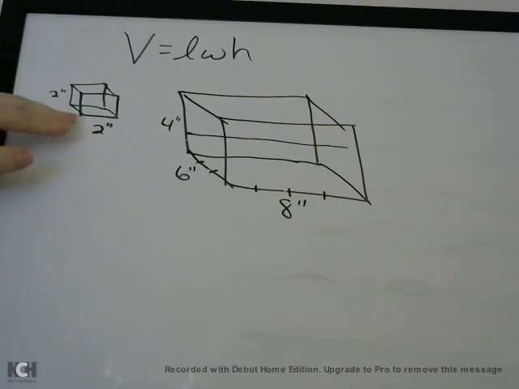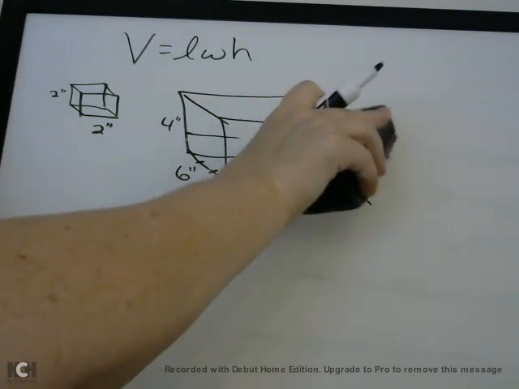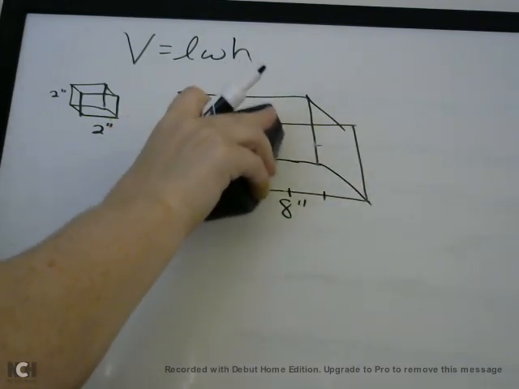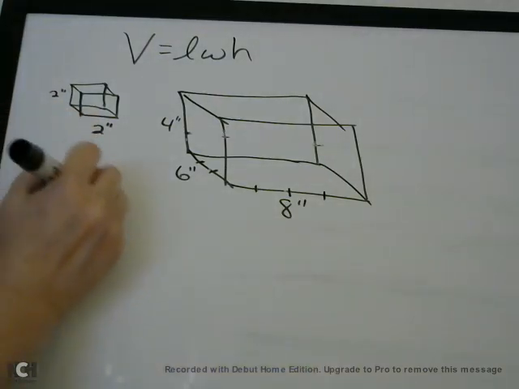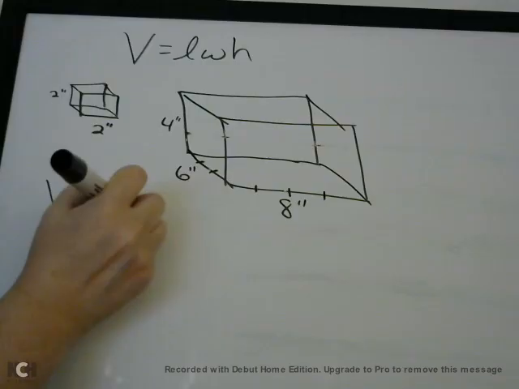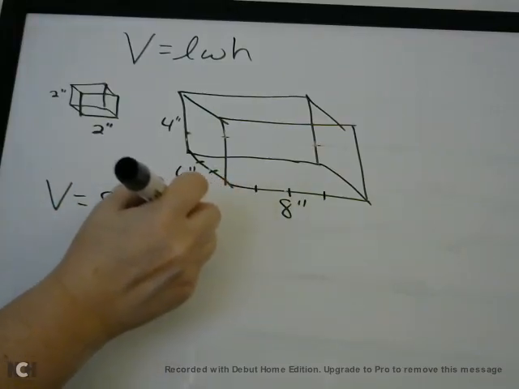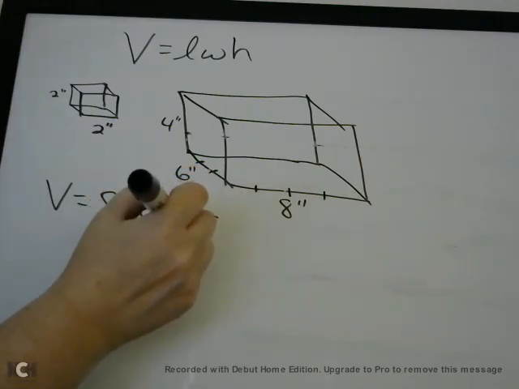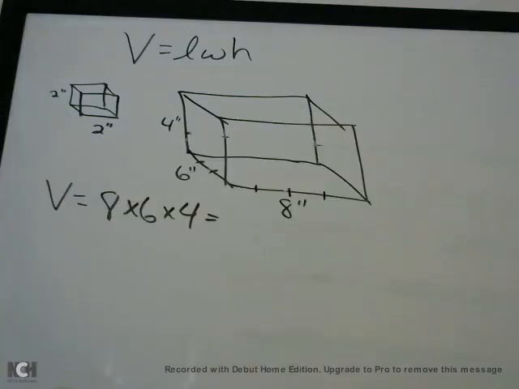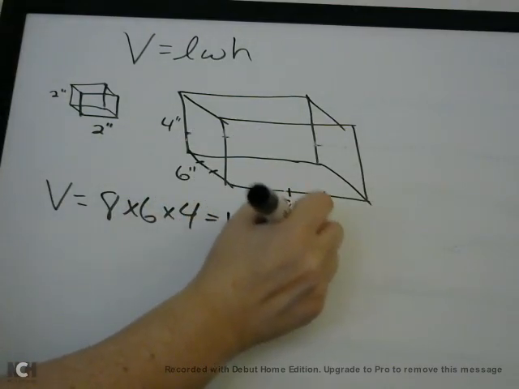So, in order to figure this out using volume, you first find the volume of the larger box, of the toy box, and that is, the volume of the toy box is 8 times 6 times 4, which gives you 192 inches cubed.